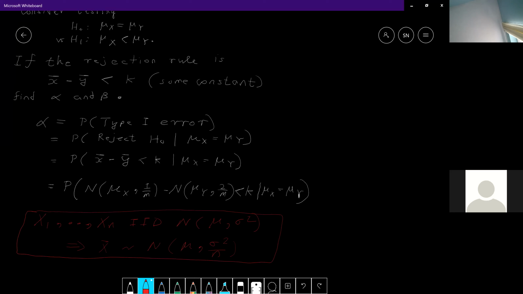If you look back at the properties under the normal distribution, you will see this.